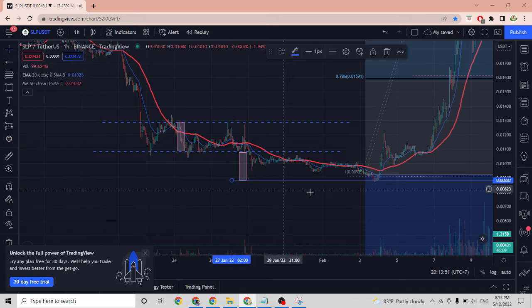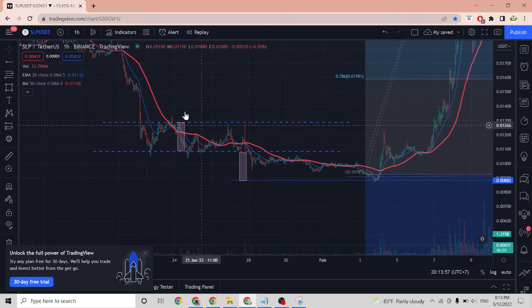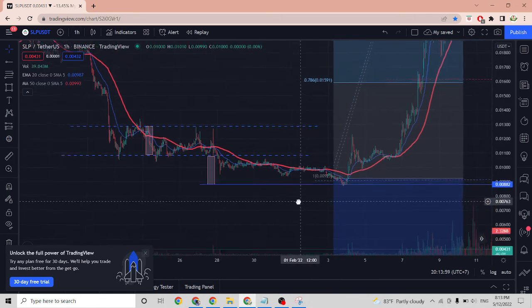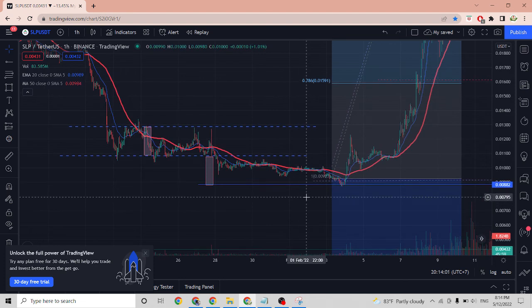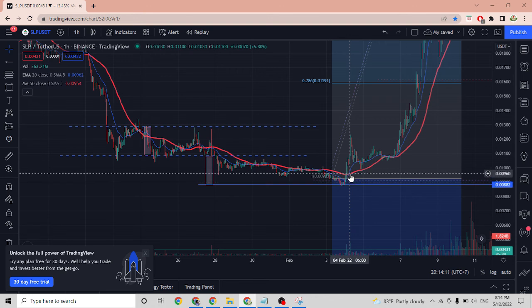0.00882 with time frame 1 hour. So you can buy at this point, or wait for it to come and buy it here also, because you want to confirm by EMA and MA.